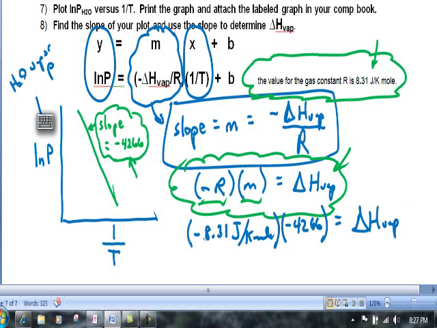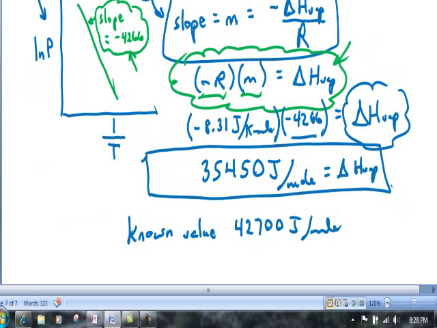So to use the graph to get our calculation, we put in negative R, negative 8.31, and then multiply it by the slope we got from our graph, the negative 4,266, and that will give us our heat of vaporization, or the amount of energy required to turn liquid water into gaseous water.